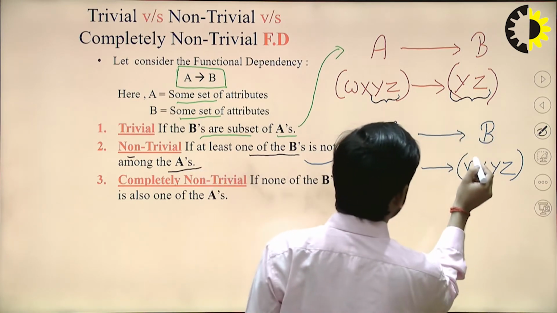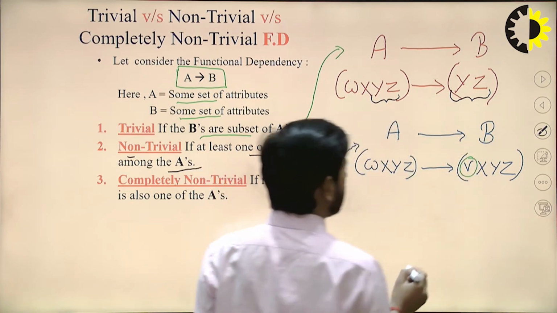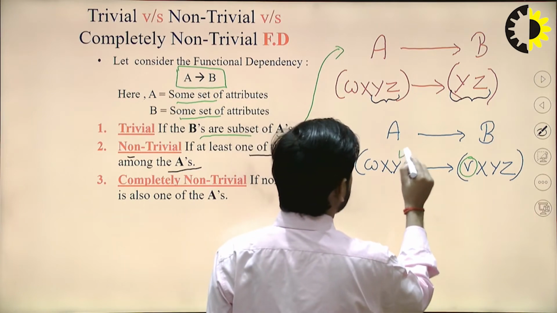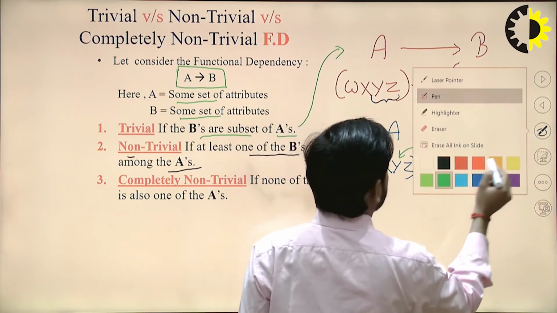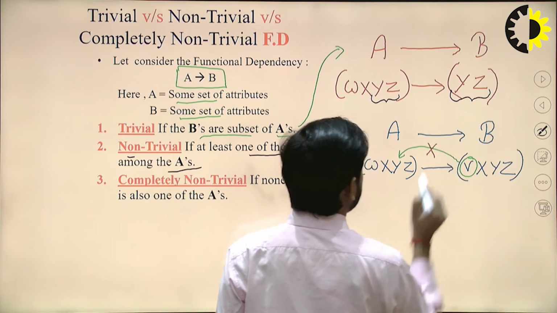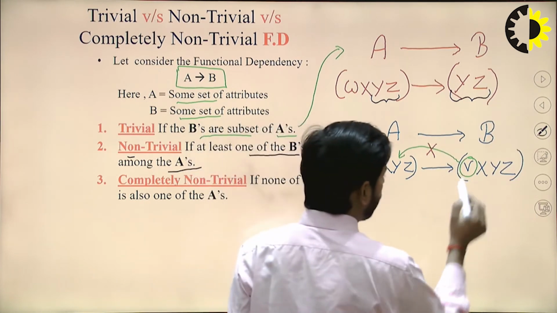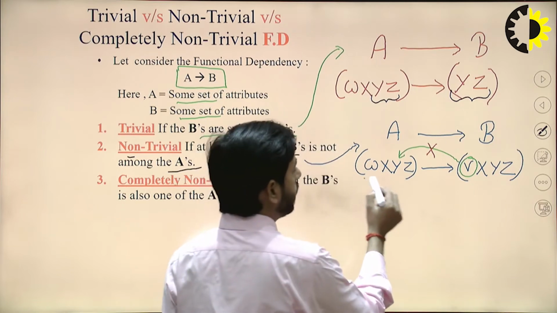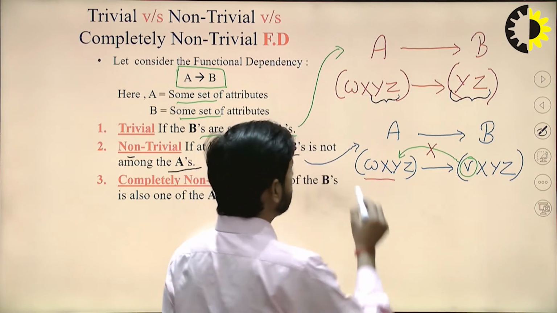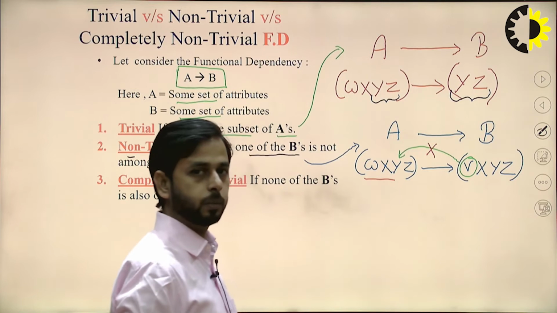So here V is present, which is not present in A. So there is at least one B attribute which is not among A. So this is a non-trivial functional dependency.